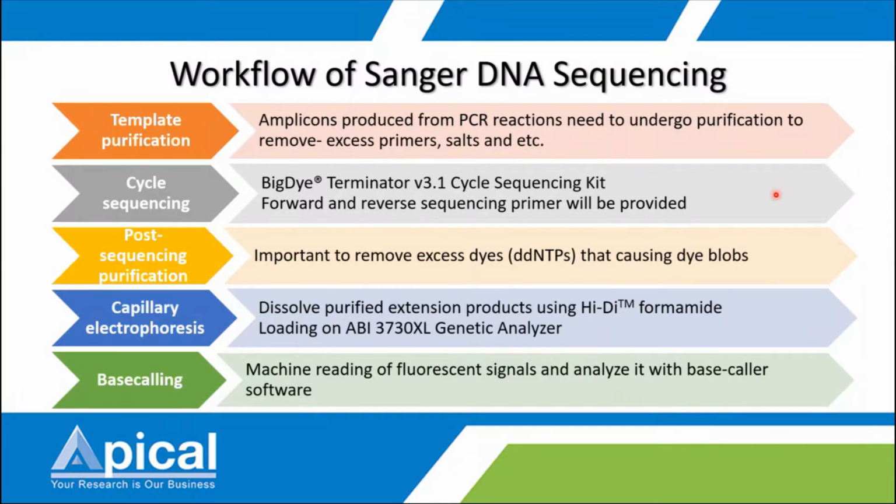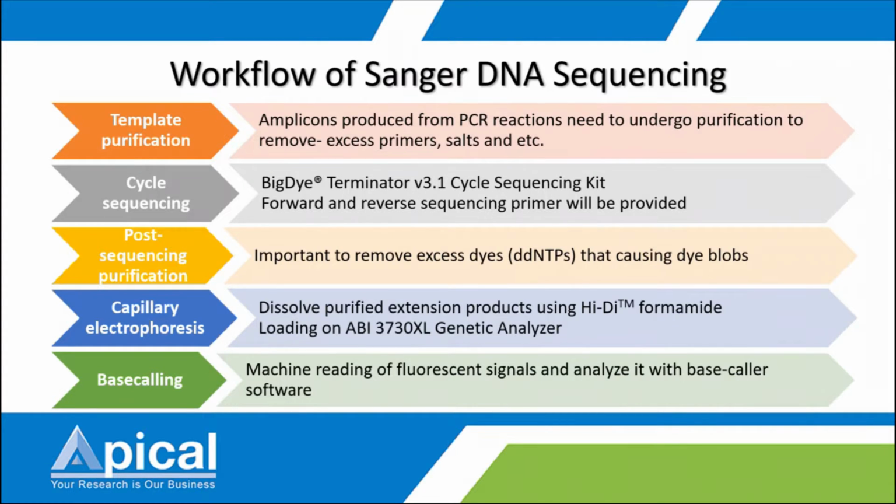Okay, so for this post-sequencing purification, the important thing is to remove any excess dye, because the excess dye from the ddNTP will later affect the signal determined when we run the sample in the capillary electrophoresis.